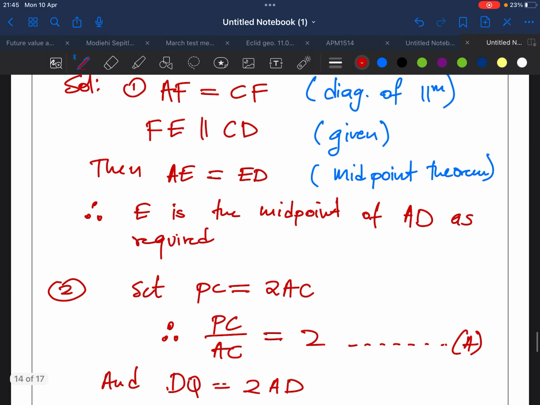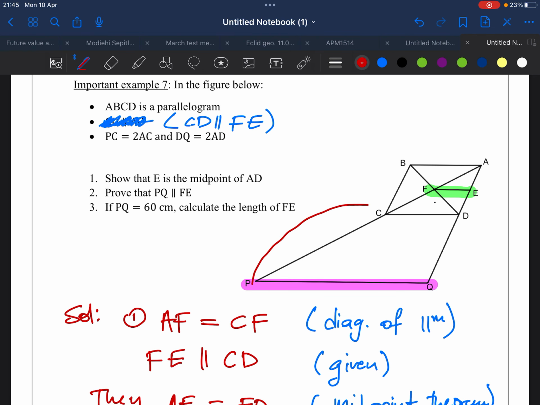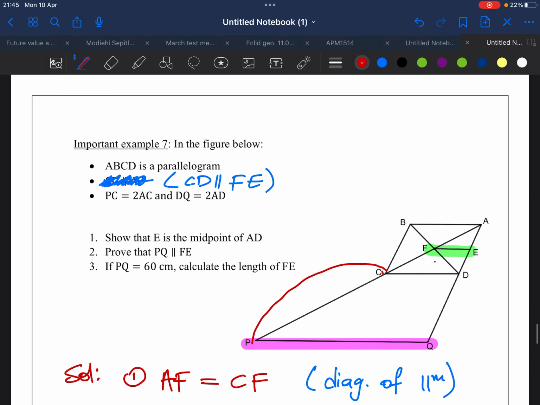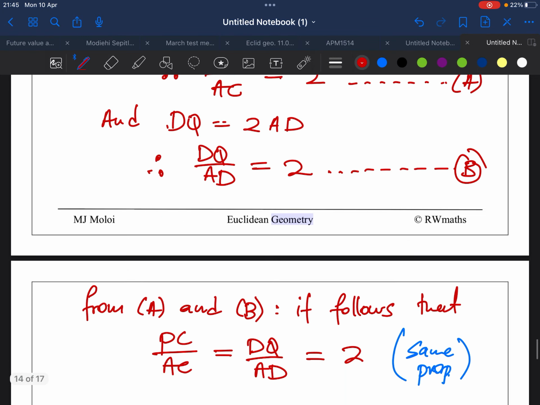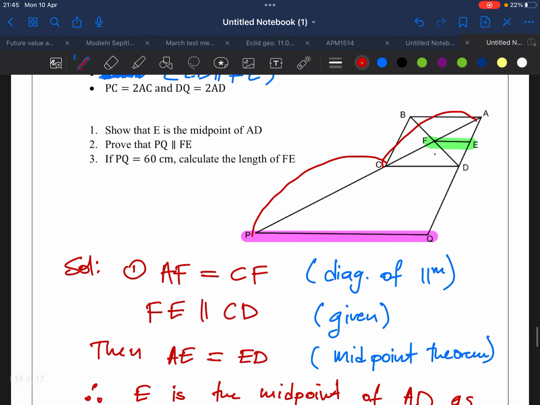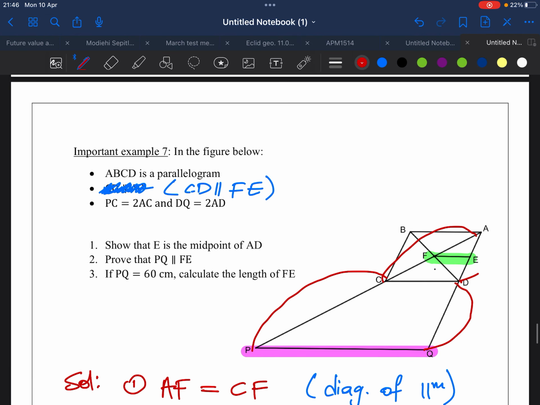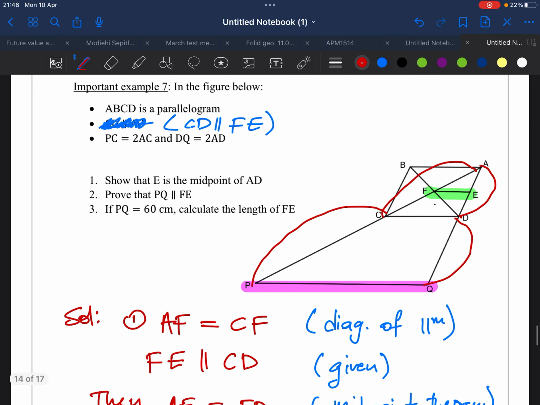We said PC over CA is equivalent to QD over DA. So we see that PC over CA and QD over DA are in the same proportion.